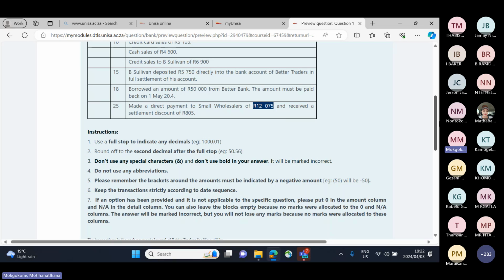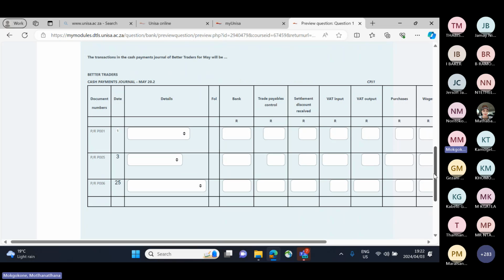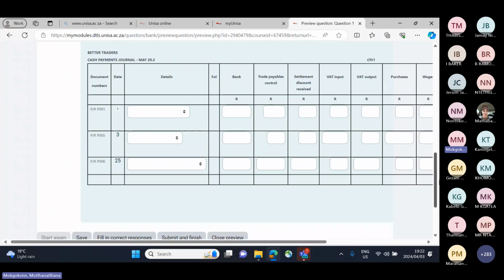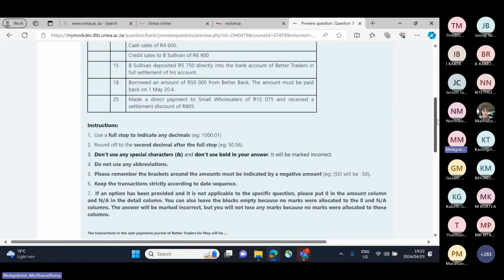If you come here on the 25, then under details, you write the name of our creditor or trade payables, which is small wholesalers. Under the bank, first we must go to our trade payables column.